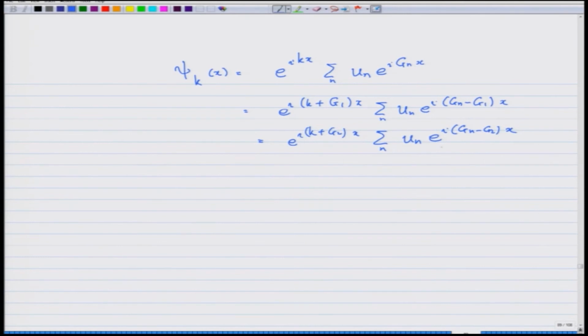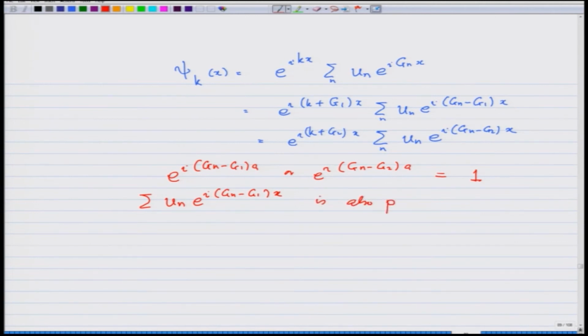Even if I do so, notice that e^{i(g_n - g_1)a} or e^{i(g_n - g_2)a} is 1, and therefore, the summation of u_n e^{i(g_n - g_1)x} is also periodic with the same periodicity a.